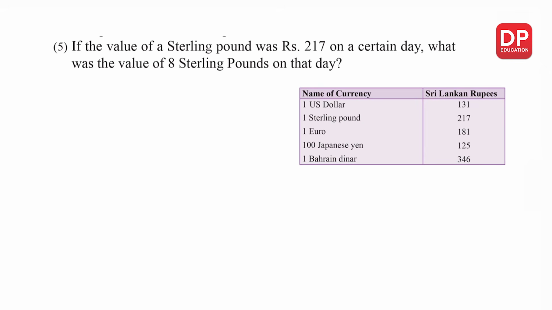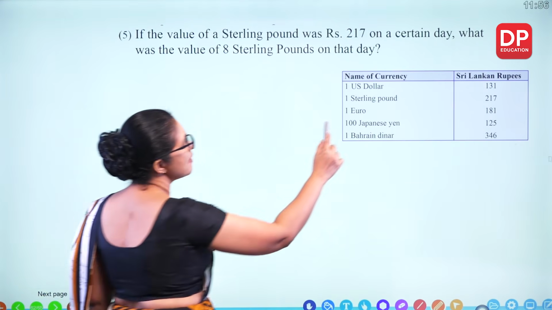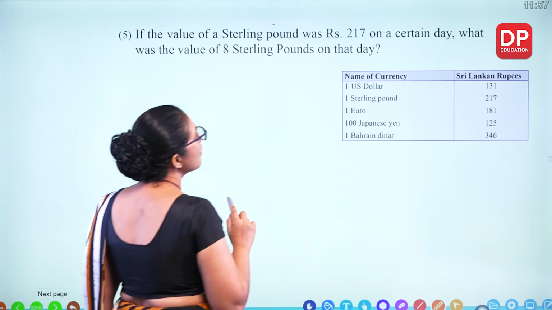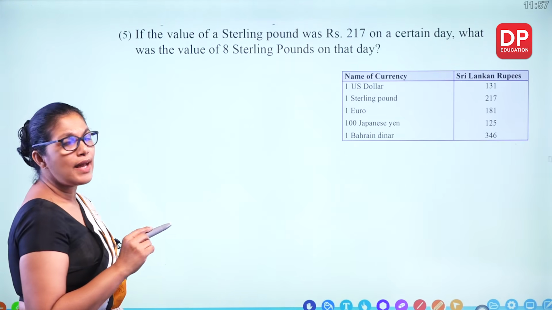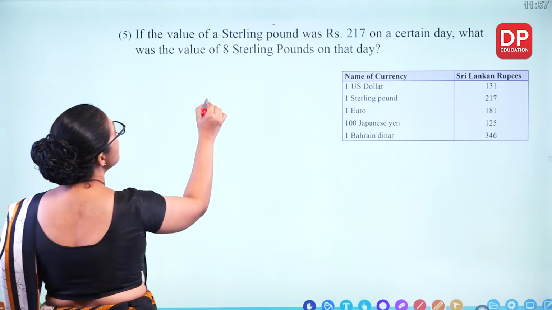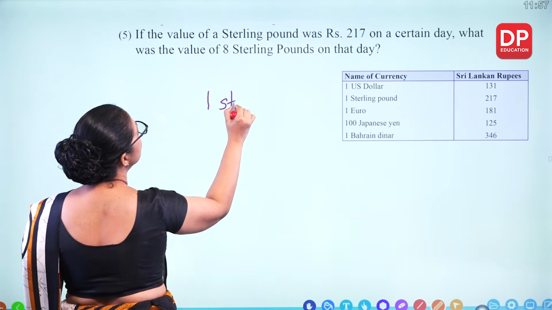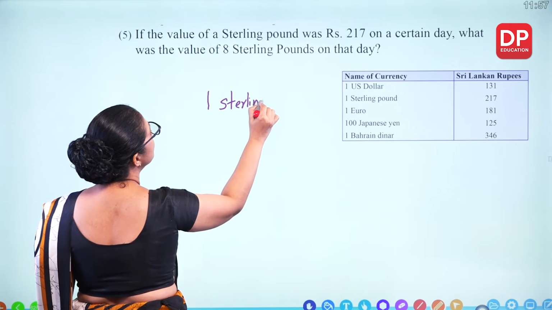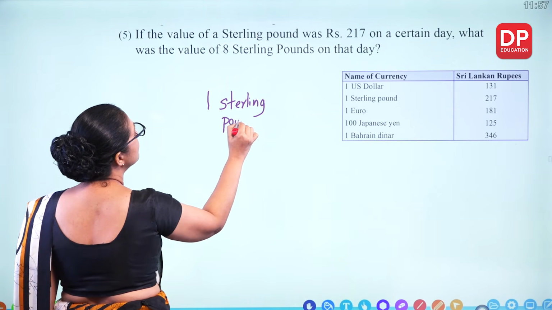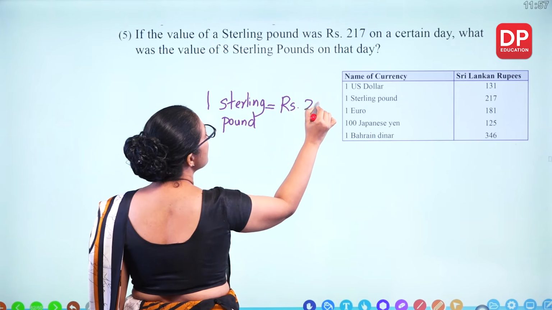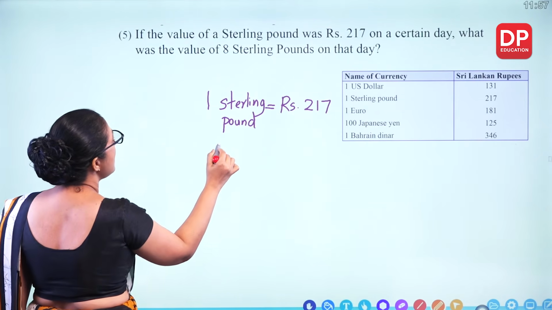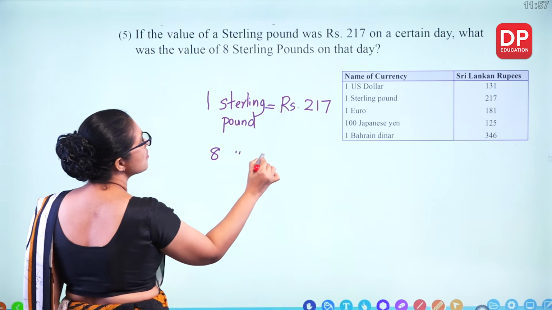If the value of a sterling pound was 217 Sri Lankan rupees, that's given. What was the value of 8 sterling pounds on that day? 1 sterling pound, how many rupees? 217 rupees. So you need 8 sterling pounds.